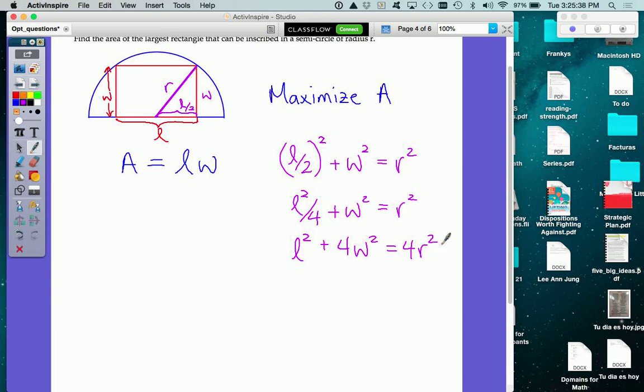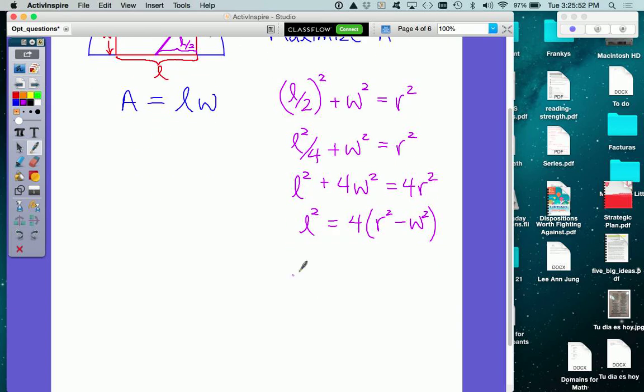And I can simplify this to L² = 4(R² − W²). That allows me to solve for L. And I now get L equals plus or minus the square root of this whole thing, which is going to be 2 times the square root of R² − W².